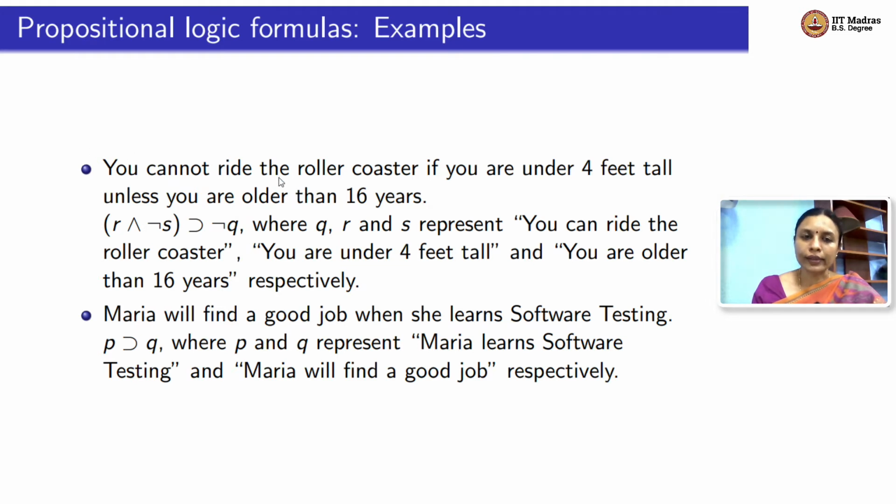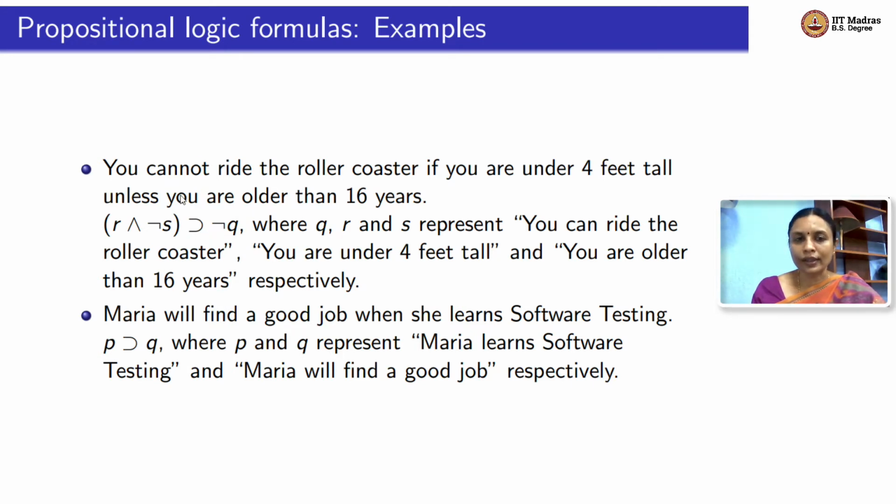Then what the sentence says can be expressed as the formula given here. R, which means you are under 4 feet tall, and not S, where S is you're older than 16 years, so not S means you're not older than 16 years, implies not Q, which means you cannot ride the roller coaster.